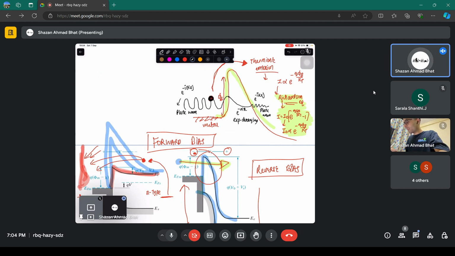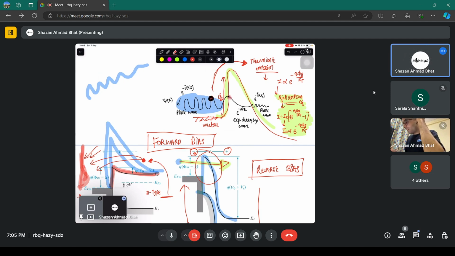These are the solutions of the Schrodinger equation when an electron hits the potential barrier. Outside the potential, the electron is a plane wave, just like your normal electromagnetic waves, monochromatic, with oscillating amplitude. This is the wave function of the electron.